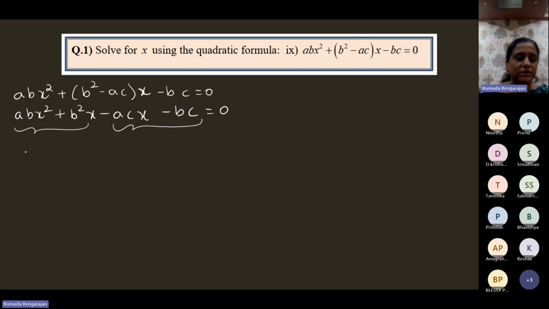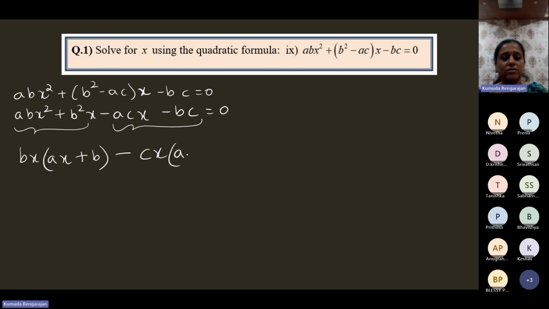What's common? x is common. Open bracket: ax plus b. Here, sorry, only c is common, not cx.